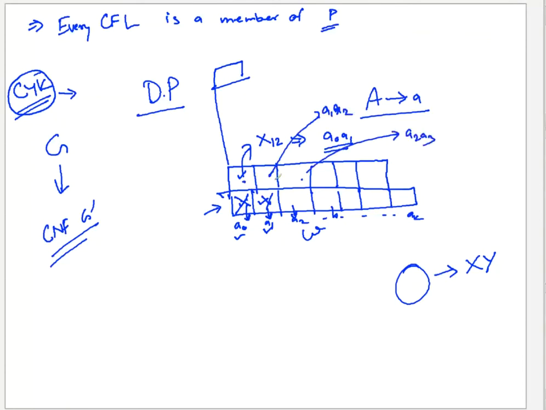These are substrings of length 2 from this string. This is length 1, length 3, length 4, length 5, and finally length n, if n is the number of characters in the string. At this level, you find all the variables that can derive the whole string w. If the start symbol is present here, that means the string is part of the language, otherwise not.